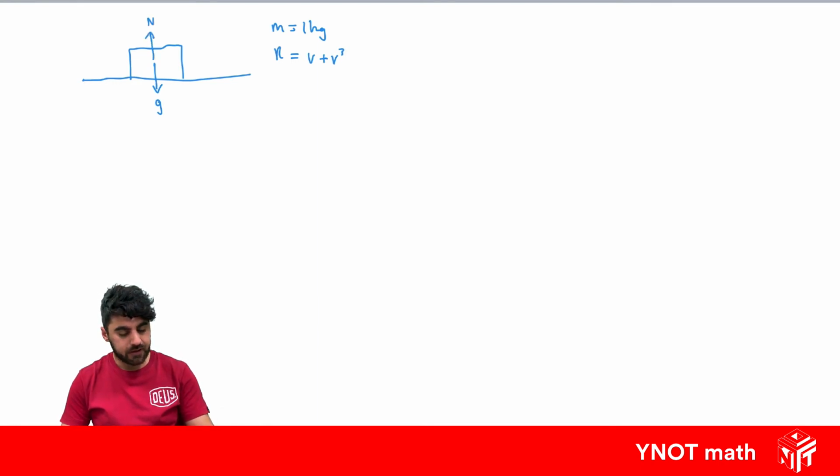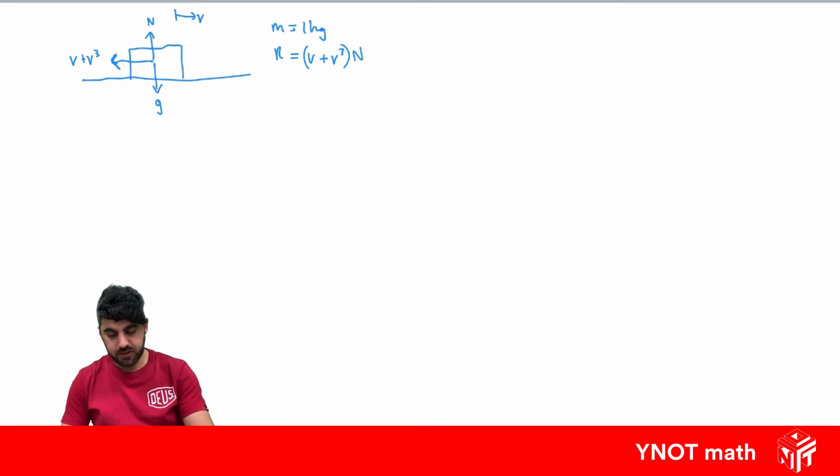If we define the motion as going to the right with some velocity, this means resistance will act to the left, and this will be the force of v plus v cubed. This resistance force was in newtons. And they're the only forces on our diagram.